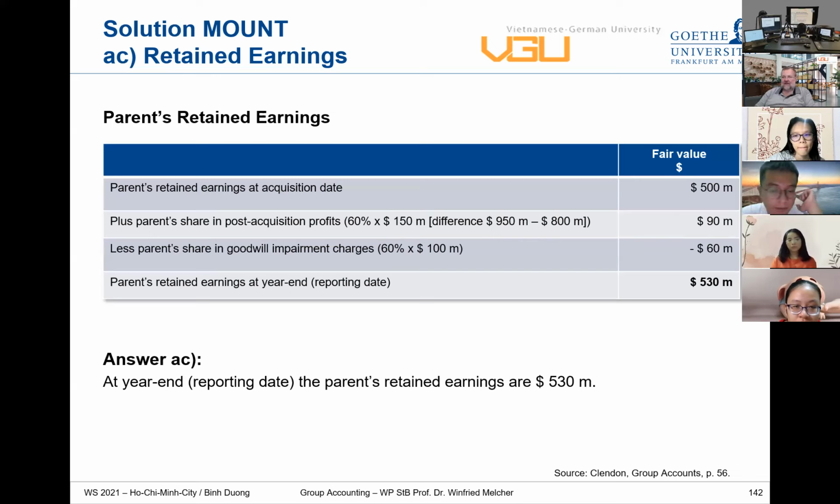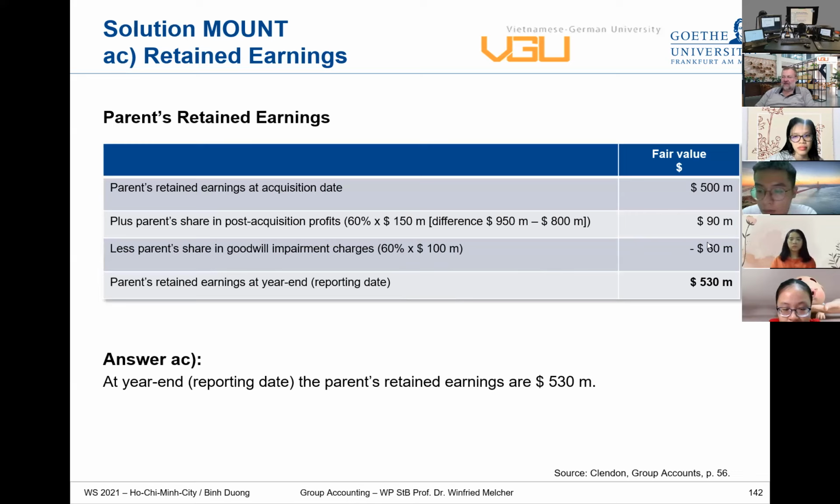I think that is clear. And the other thing is also clear: when we have a goodwill impairment charge and the full goodwill is impaired, not only the parent gets the full amount, but both shareholder groups. The parent shareholders will get 60% and the NCI will get 40%, which we already did.